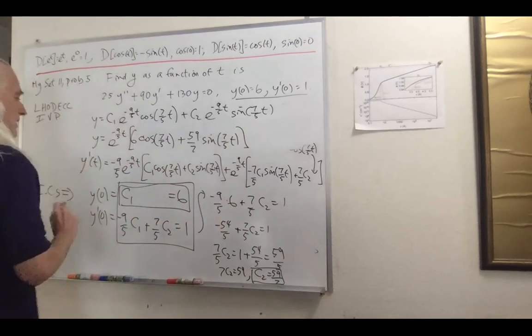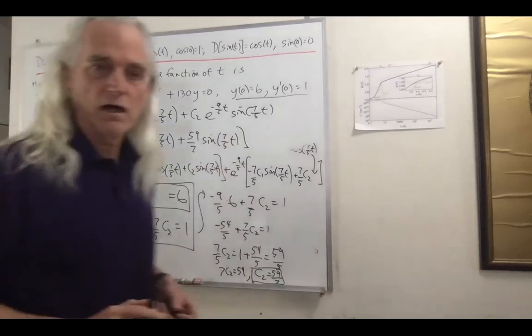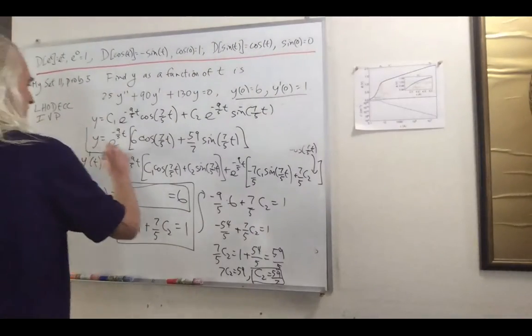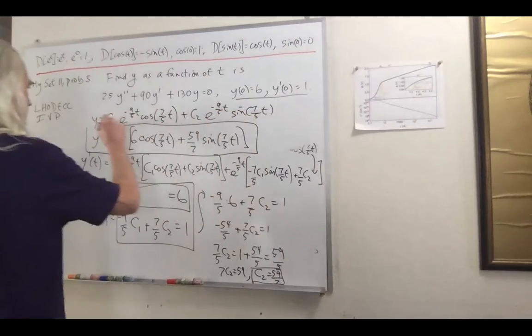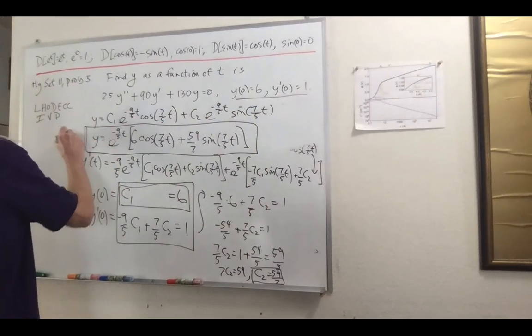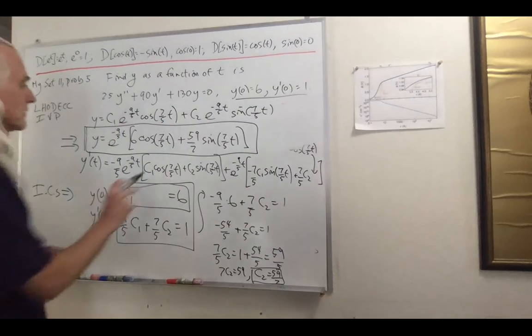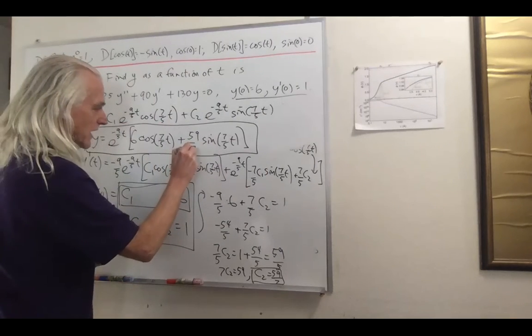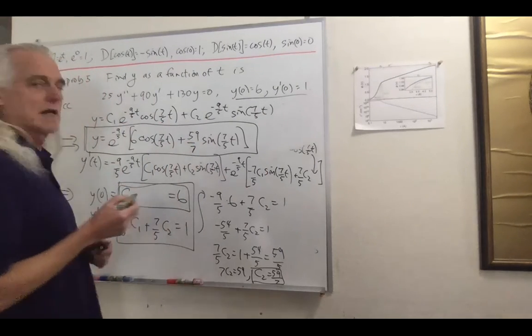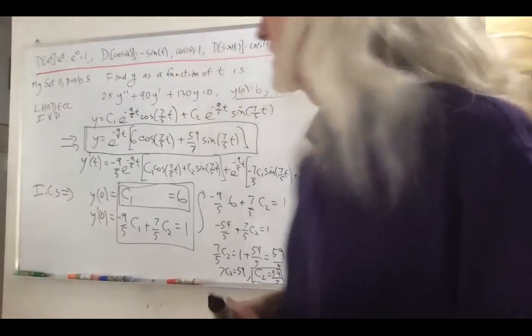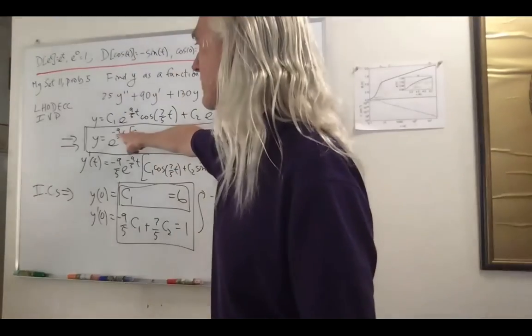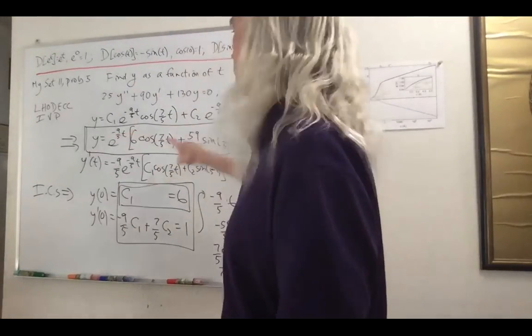All right, cool. And that, I'll circle that because that really is the final solution. My sevens sometimes have a little tail on them. And when I type this in, I may want to use 1.8 for 9/5, 1.4 for 7/5.